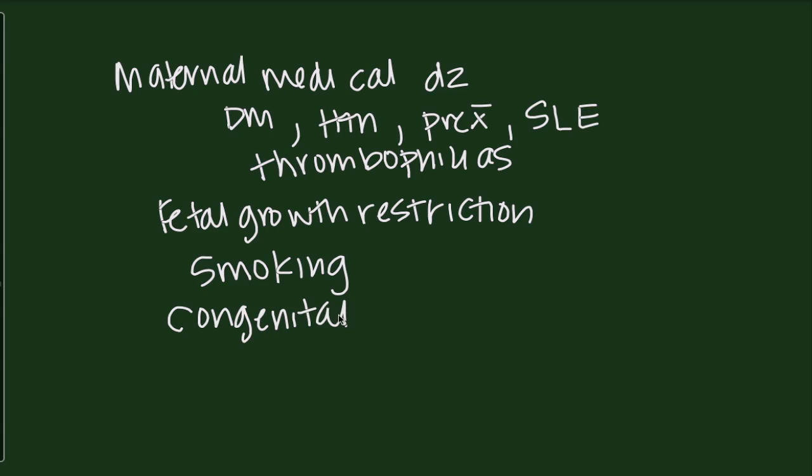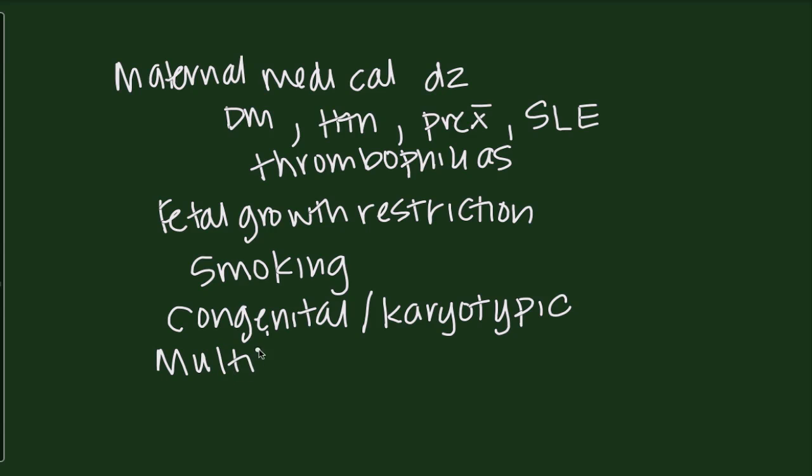Congenital and karyotypic abnormalities, meaning that fetuses who are found to have structural malformations or birth defects, or fetuses who are found to be aneuploid, have a higher risk of having a stillbirth than those who are structurally normal and or euploid.